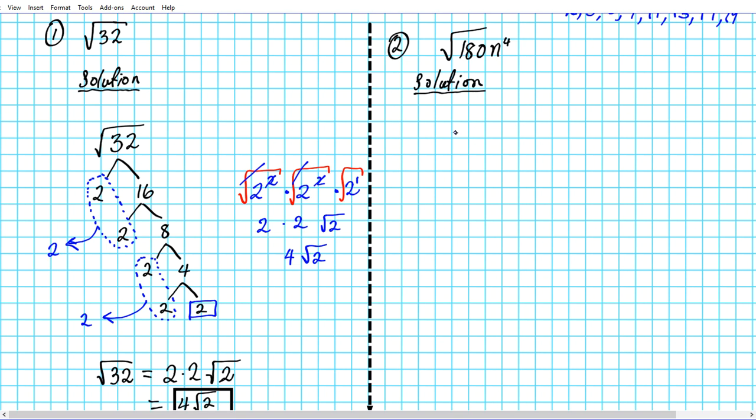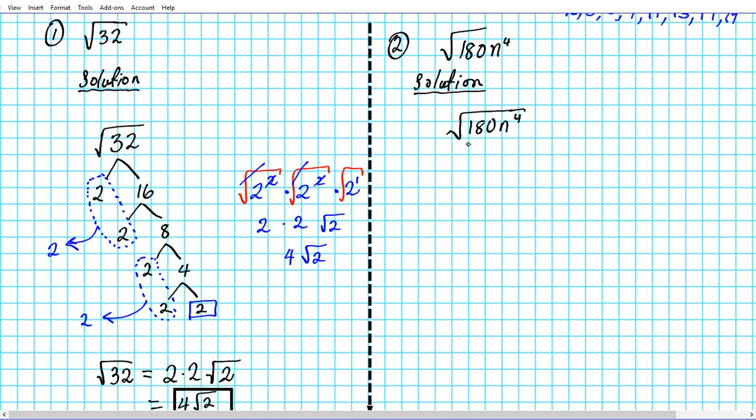So what we're going to do is we're going to decompose 180 n to the 4th all the way down to a product of primes. Okay? And then since the index is 2, we're going to be looking for factors that occur twice. Okay? So we're looking for pairs or squares so that they can come out of the radical as a root.